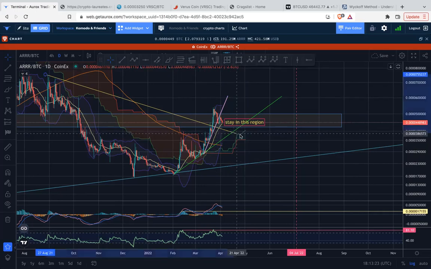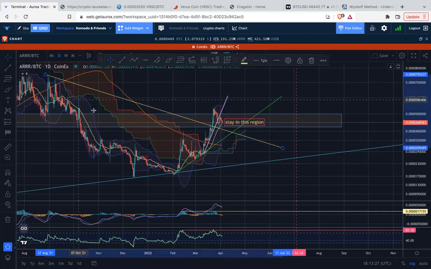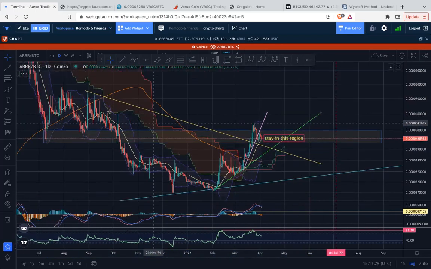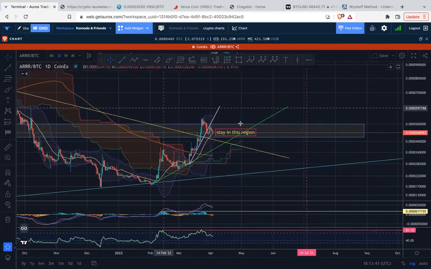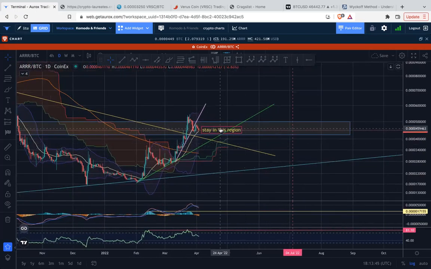Because then look, here's some other trending aspects. It's the trend based on the previous price action back here. So if it comes down towards this Ichimoku cloud, if it could stay above this yellow downtrending line here, then that's still showing at least enough strength.